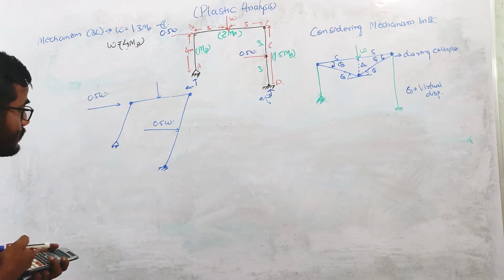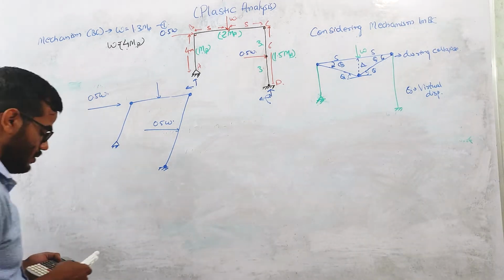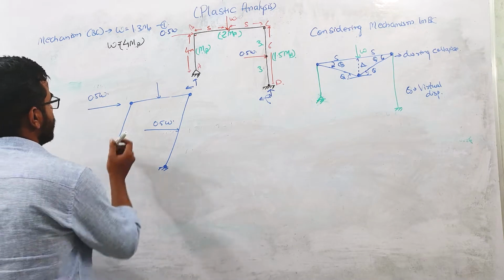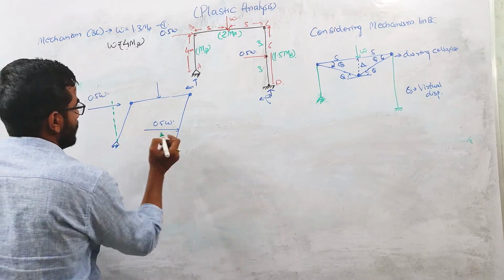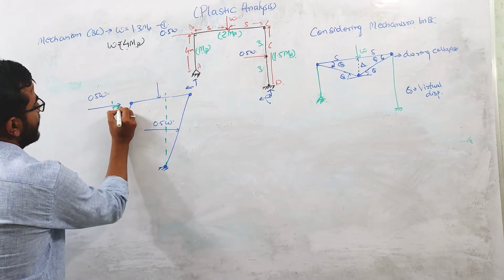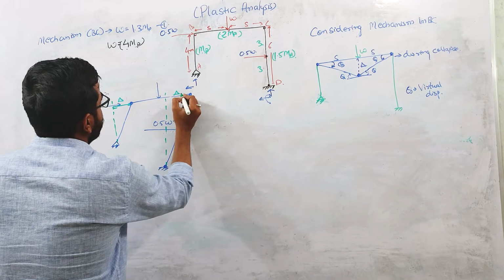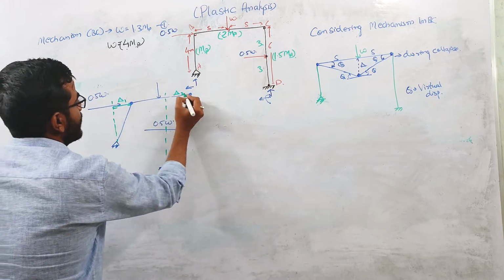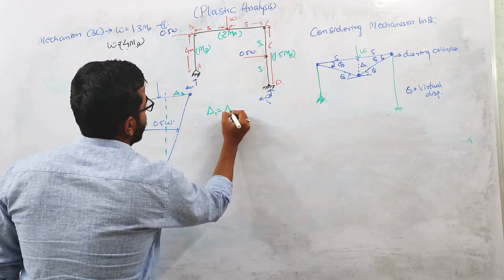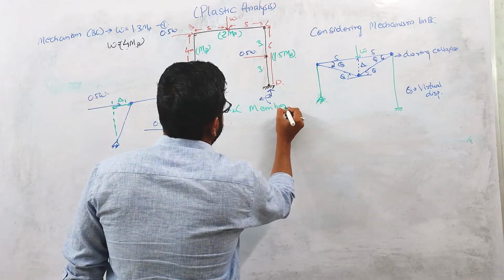Now let us suppose this is our initial vertical axis, and this is also an initial axis. Let us suppose the sway displacement is delta, and delta 1 and delta 2 will be equal. Why equal? Because we are considering the member inextensible.